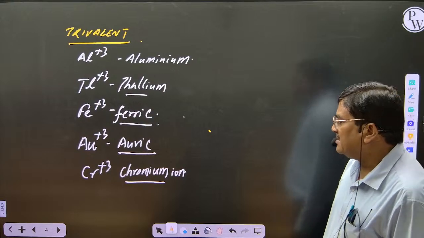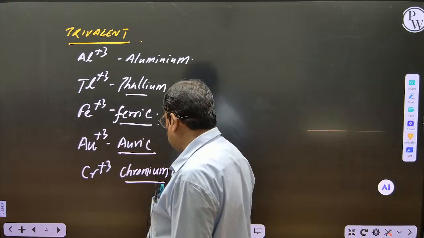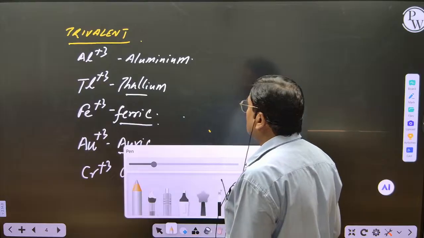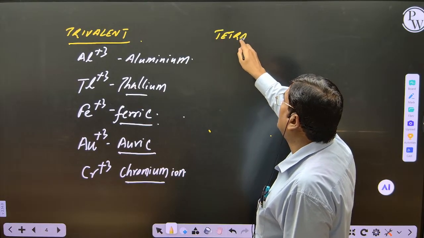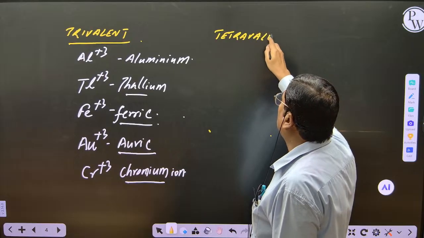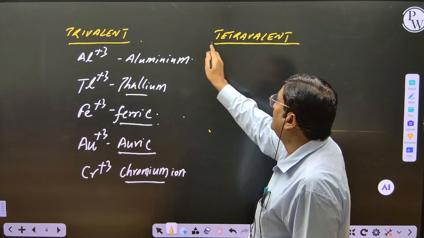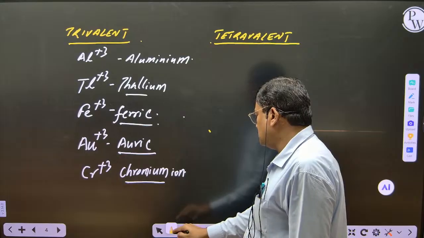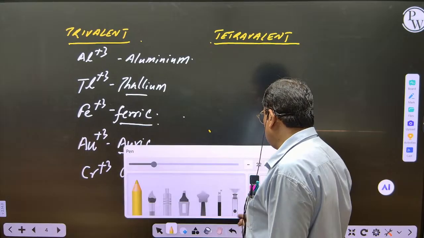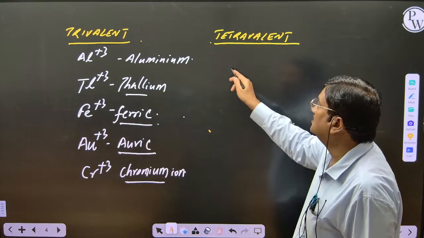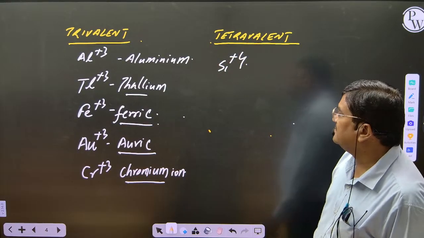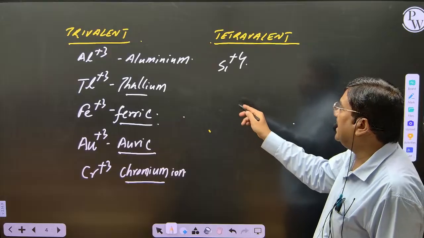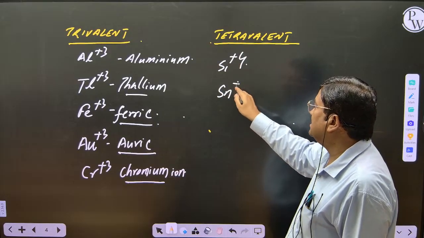Now come to tetravalent. Tetravalent means what, student? Tetra means valency 4. Very few will be there, like silicon. Silicon valency 4. And stannum, Sn plus 4.